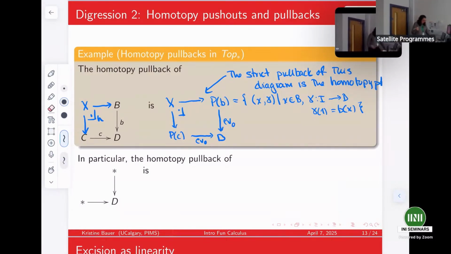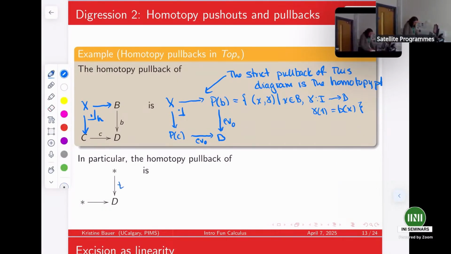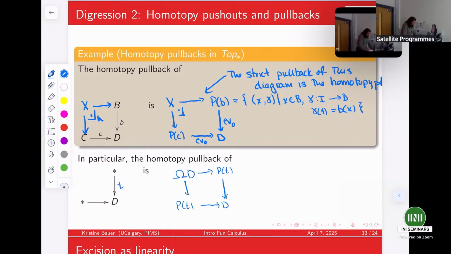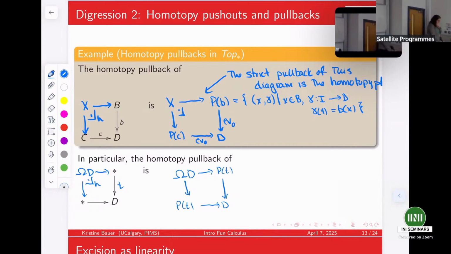Okay, so in particular, all I want to say here is that if I do this same construction, in the case, let's call this map little t, if I do this same construction in the case where it turns out that I have points here, the only thing I want to point out, you can do this however you want to do this, I'm not going to do the details, is that what I get as my homotopy pullback is the loop space on T. Okay, so far so good. All right, so those were a couple of digressions, and let's get back to what we were talking about.